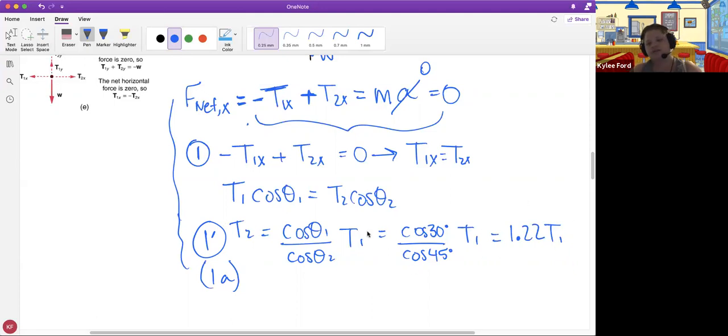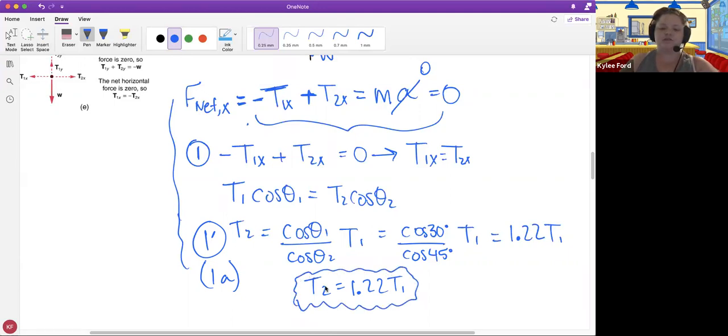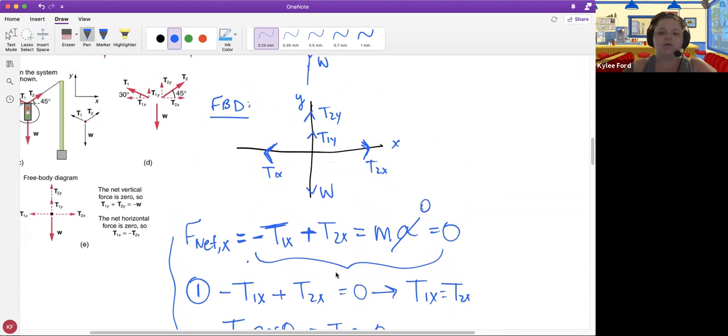Okay, so that's not really important. It's just something I do. So when you see me do that, you can kind of take it or leave it, I guess. It just helps me keep organized. Okay, so this is one equation that I will be using eventually. Okay, so that was all in my x direction. Now what about my y direction?